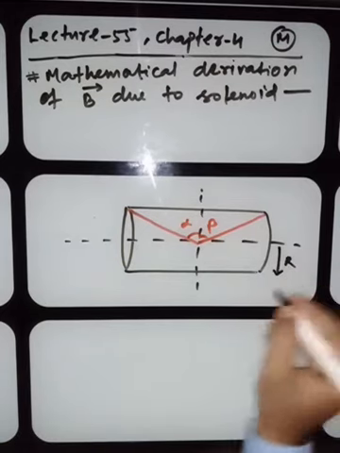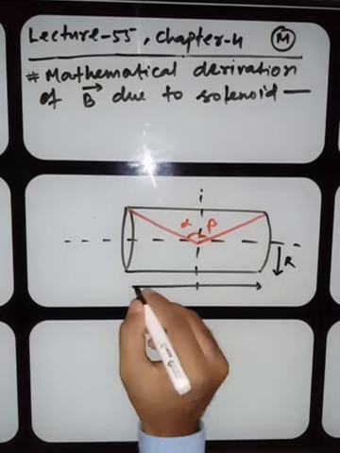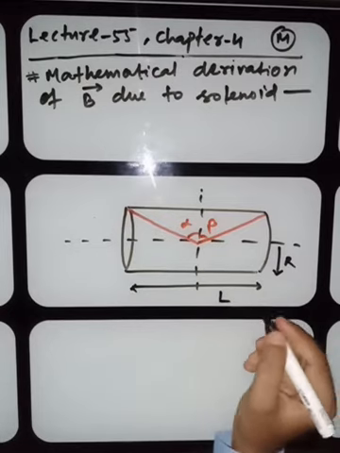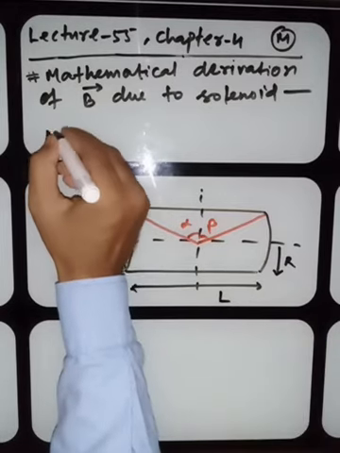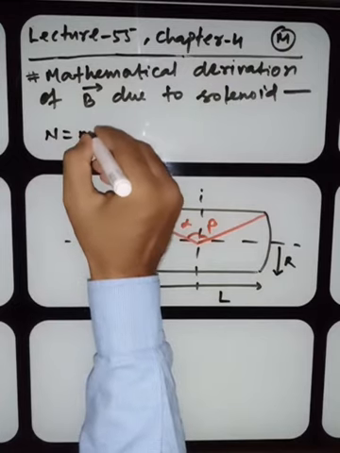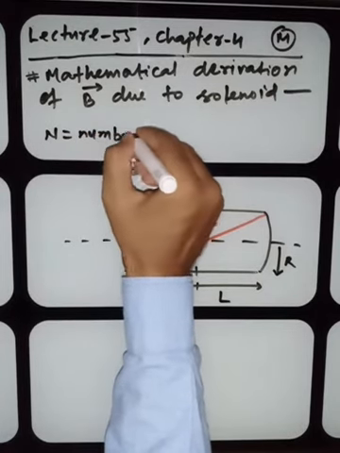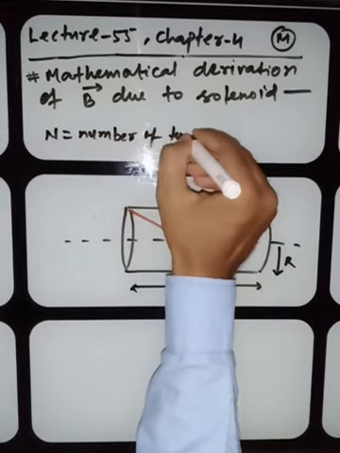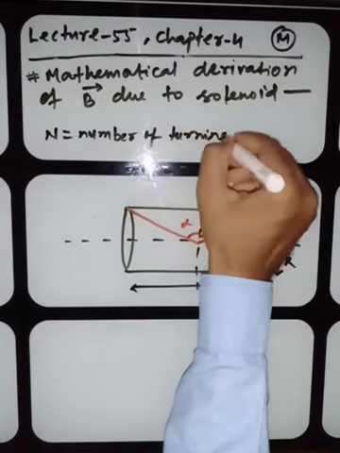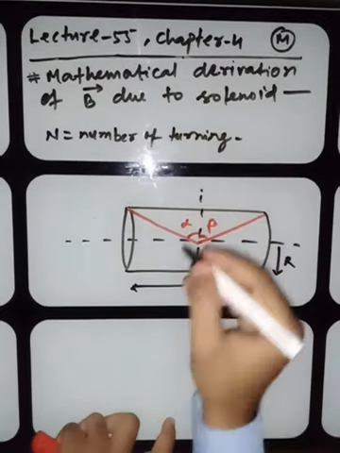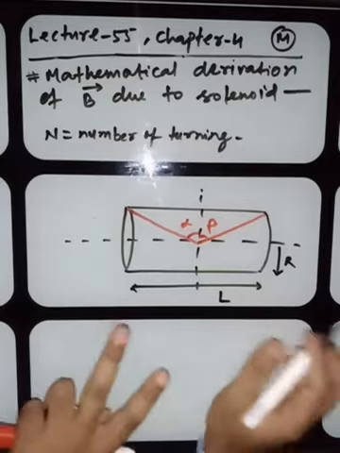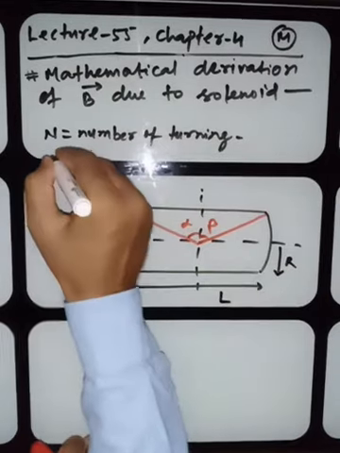R is the radius, L is the length of the solenoid, N is the total number of turns of the solenoid, and I is the current.